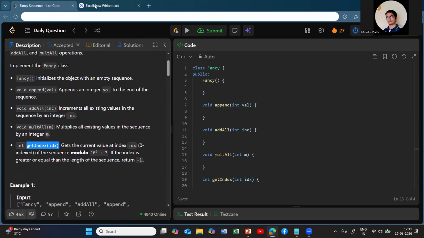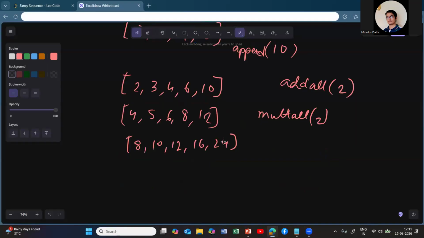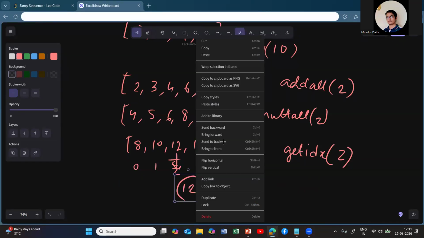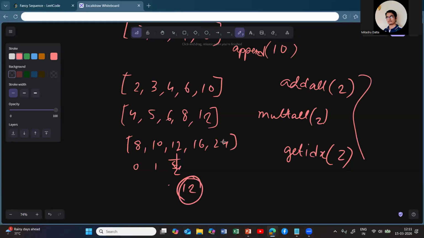So they want to see what element is there at this index. So if they call getIdx and pass 2, it means 0, 1, 2, at this index number 2 there is 12 now stored, so you need to return this 12. Okay, and these many function calls may be called up to 1e5 number of times. It is given in the constraints.